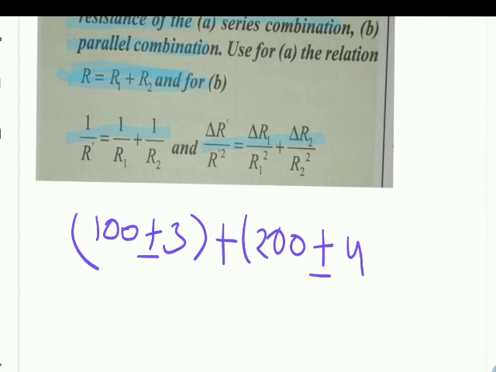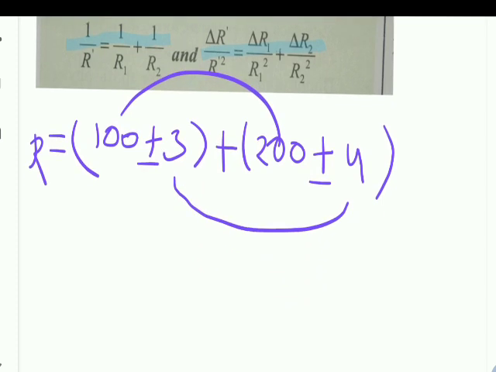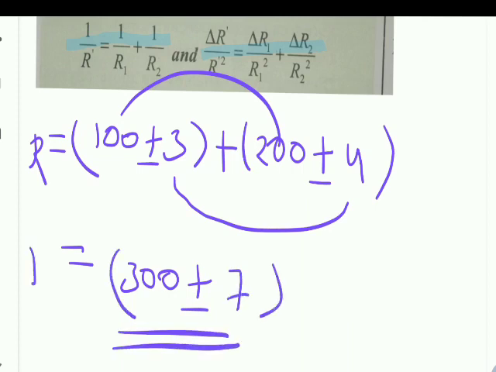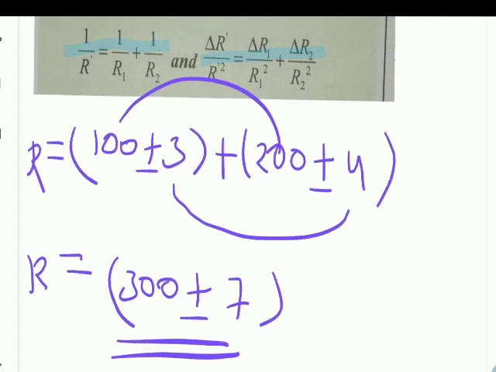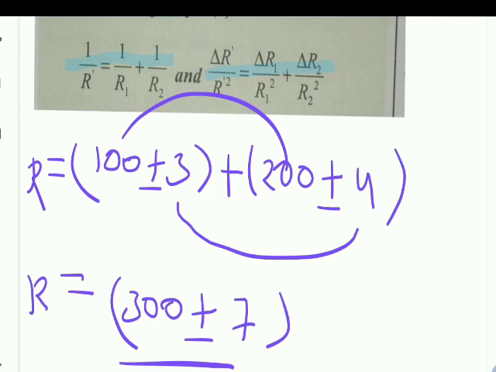So this is the first R is equal to 100 plus or minus 3 plus 200 plus or minus 4. So adding this one and adding this one, 300 plus or minus 7. This is the resistance in series combination. Resultant resistance R is equal to 300 plus or minus 7.